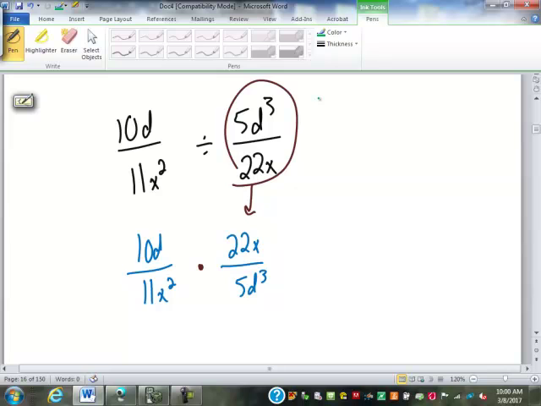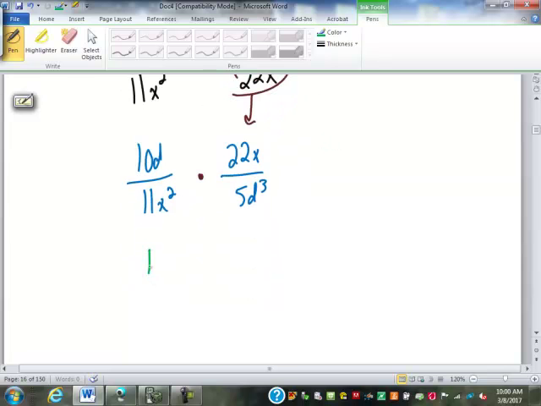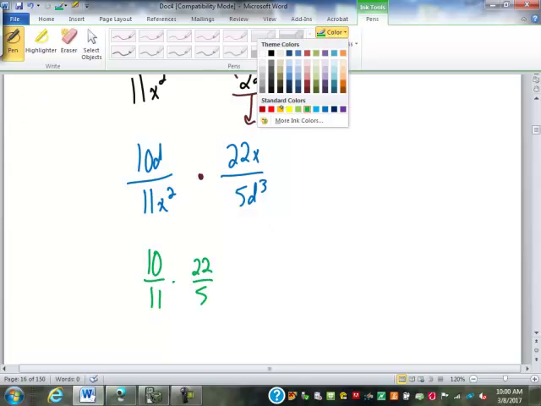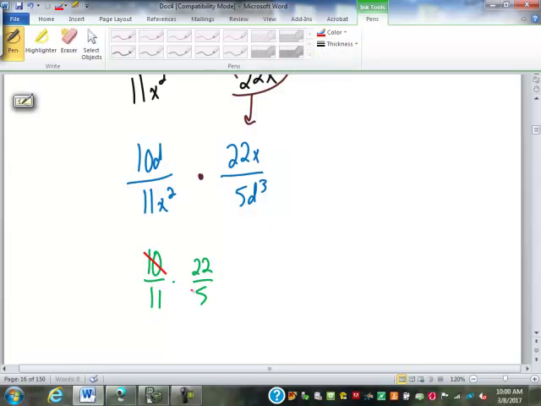Then what do we do? Take out the numbers. And what can we cancel? 10 and 5 make 1 and 2. 1 and 2. So 2 times 2 is 4, 1 times 1 is 1.